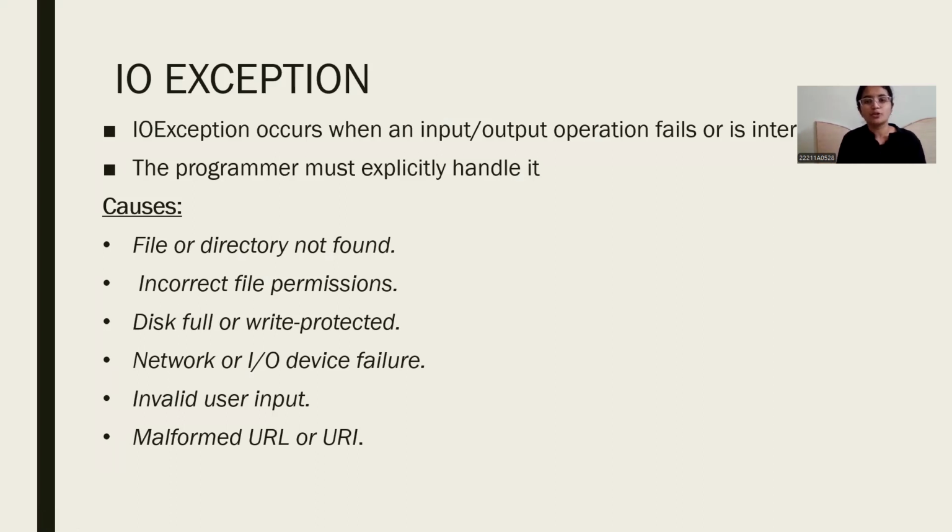So what is an input-output exception? It arises when an input-output operation fails. The programmer must explicitly handle it. When in your program you are using some file operations and you want to open a file, suppose that file does not exist in your system, then you will get an exception called file not found error.